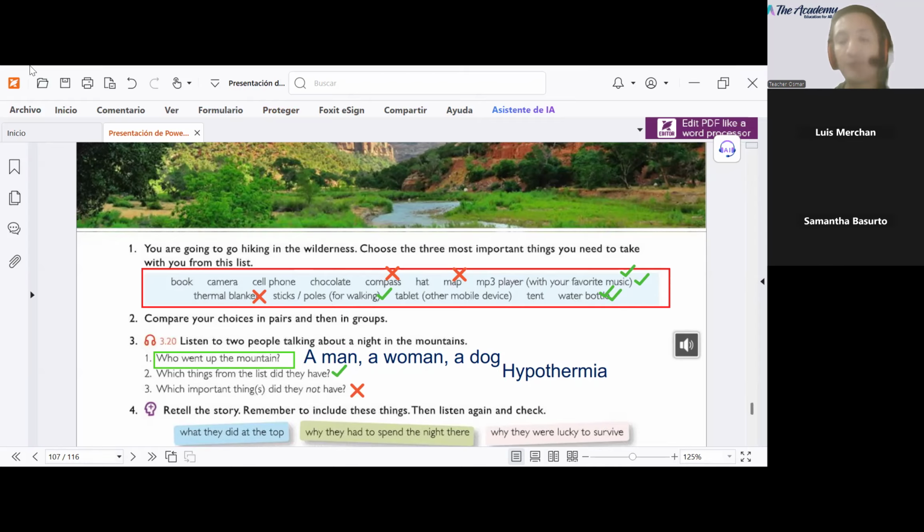So remember, whenever you go to the mountains, whenever you go to any place, it is important that you take emergency equipment. Okay? The emergency equipment is really important. It can save you in case of, well, for example, these situations, okay? Any question? Tell me any question about this, about emergency equipment?